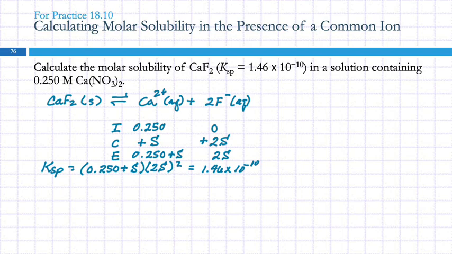Why is it squared again? It is squared because there's a 2 here. It doesn't matter that it's already considered, like with the 2s, the 2 gets squared too. Because for every one of these, I get 2 of these. And the equilibrium constant expression says I raise it to the power of its coefficient.